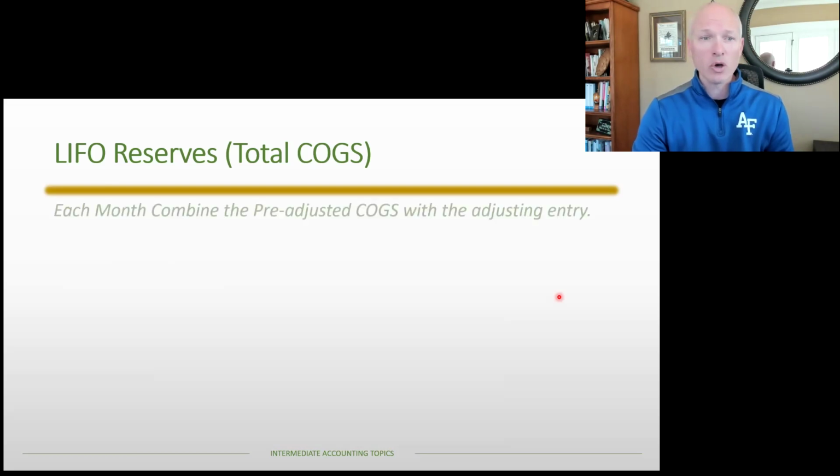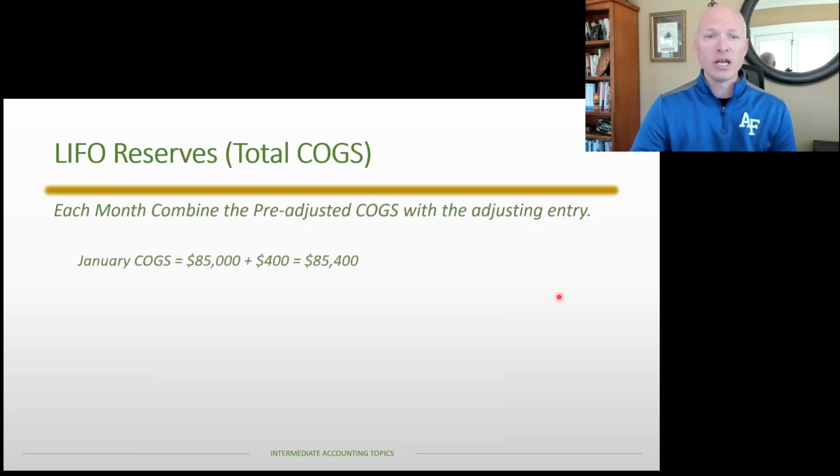And then cost of goods sold. With the adjusting entry, the FIFO COGS was 85,000 internally, but now we make an adjustment so that cost of goods sold is updated to a LIFO amount when we produce those external financial reports.